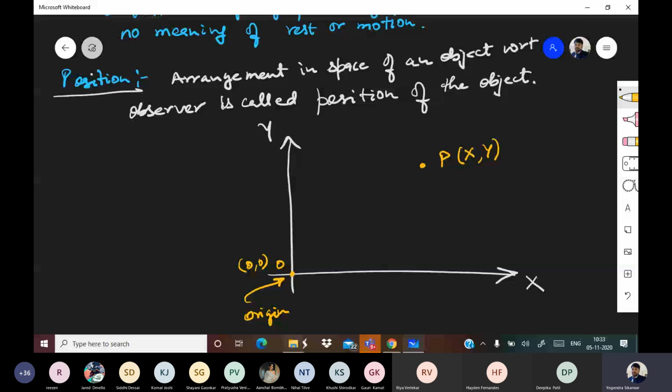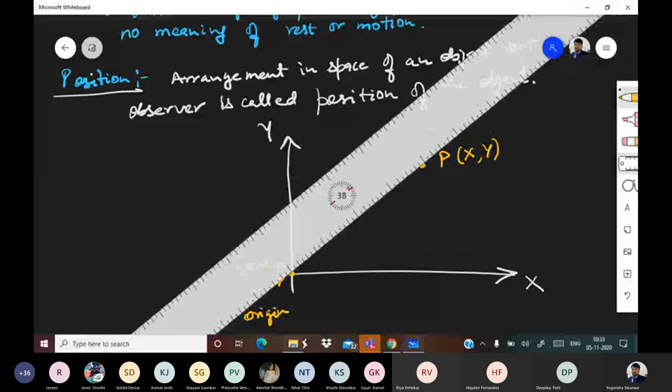So the position of point P with respect to O will be the line OP.